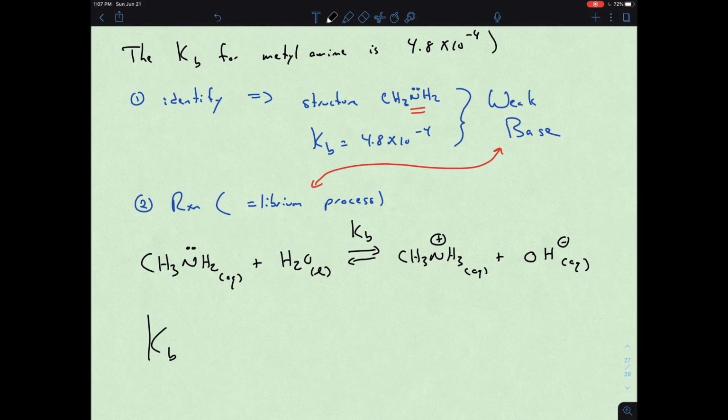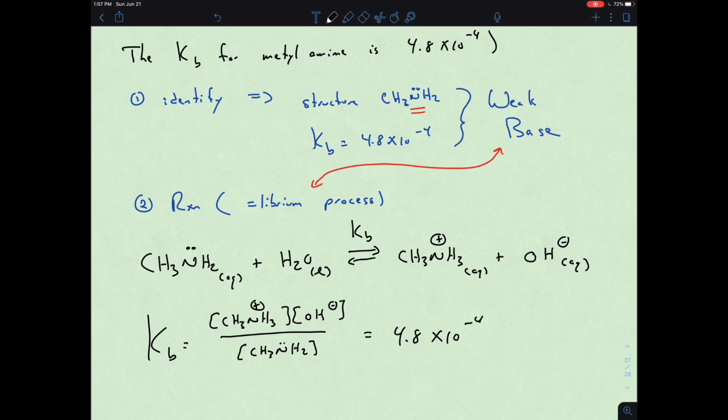And so that allows us now to realize the important players. We have the methyl ammonium and hydroxide as our products in the numerator, and then we have our methylamine in the denominator as our starting material, and that's equal to 4.8 times 10 to the negative fourth.